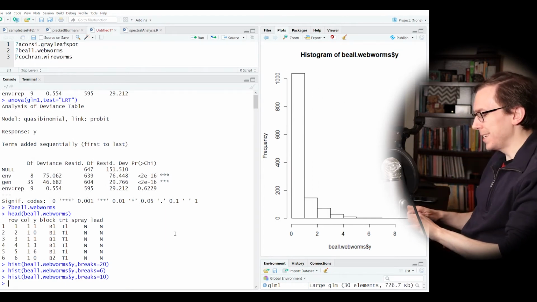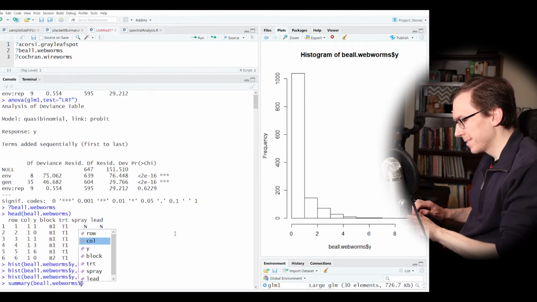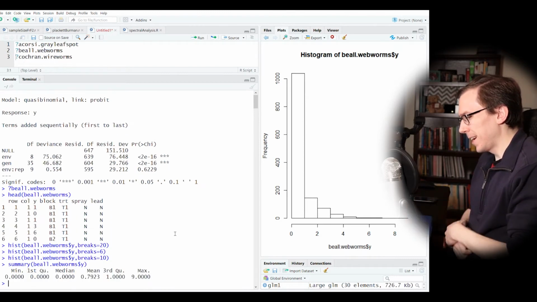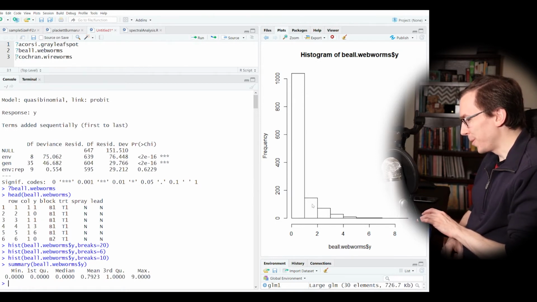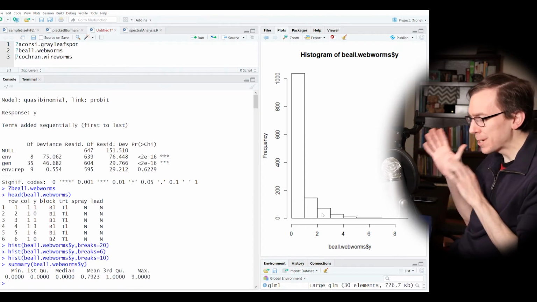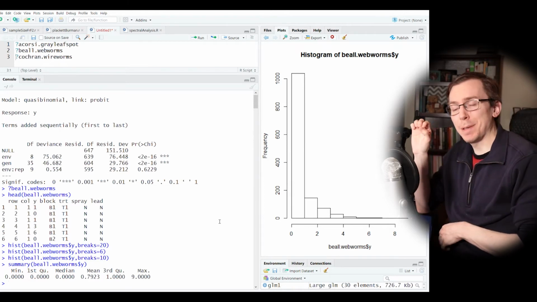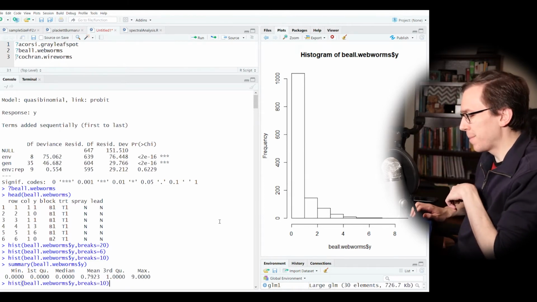It's also discrete, right? So if I look at a summary of this, it's definitely not going to look normal, and it's also only going to take on discrete values, which will make it extremely hard to transform. Now, as I mentioned, sometimes people do like to take a square root transformation.